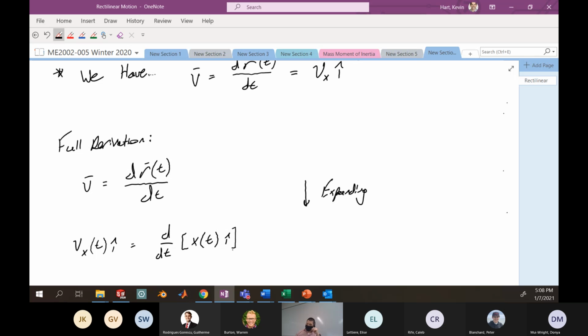Now, this vector actually has two different things. You're multiplying the magnitude of the position, x, which could be a function of time, by the unit vector along which it acts, this I hat direction. So we actually need the product rule to expand this.